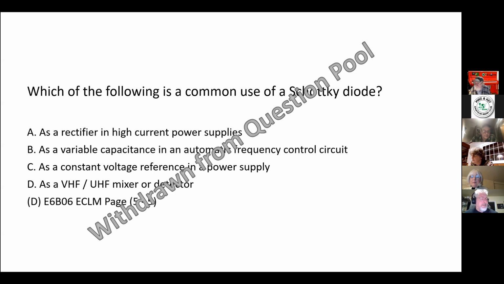Good. Okay. So just for reference, in the book, double check E1C05. E1C05 was the other one that they pulled. And I should just check here in the back and see if it says withdrawn.